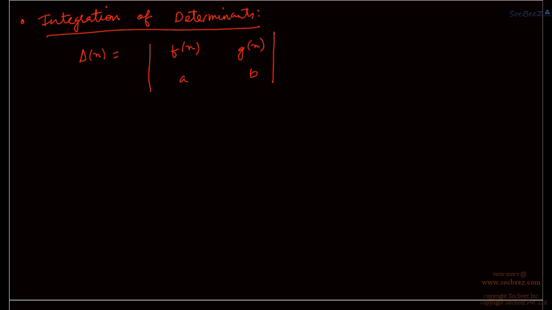The first row is f(x) and g(x), two functions of x, whereas the next row has just two constants a and b. Now if I integrate delta of x, I just integrate those individual elements f(x) and g(x), keeping the others constant. So this is how I obtain the integral of my determinant.